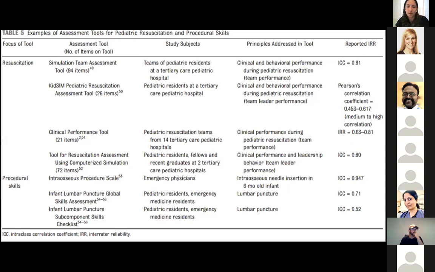And you can use it for your study. I will say though that often there's a period of calibration, like you were saying, where you have both reviewers, or however many people you're going to be evaluating with the tool, all assess the same videos.